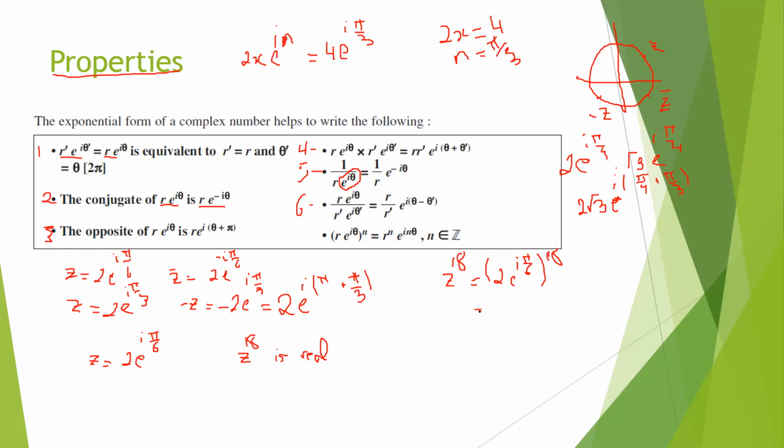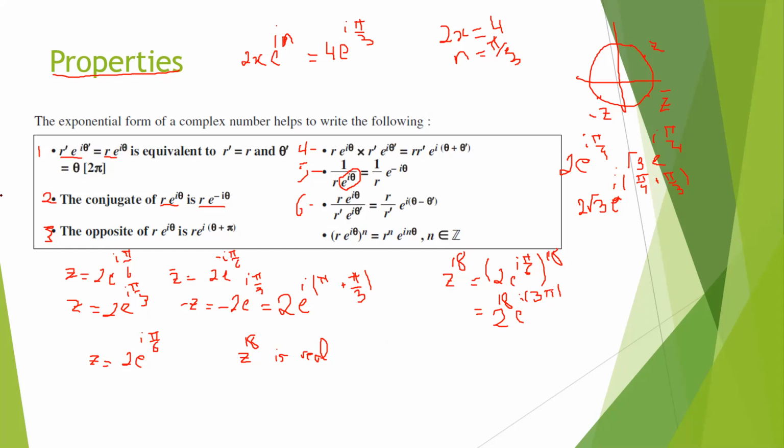According to the last property, we multiply: 2 to the power 18, e to the i times 3 pi. What is 18 times pi over 6? 18 over 6 is 3, so 3 pi.